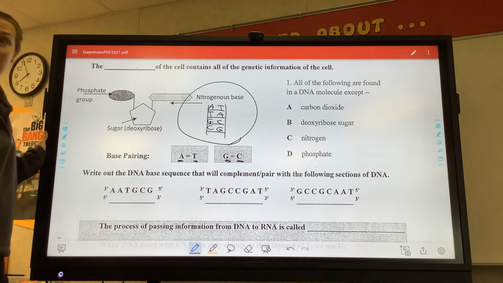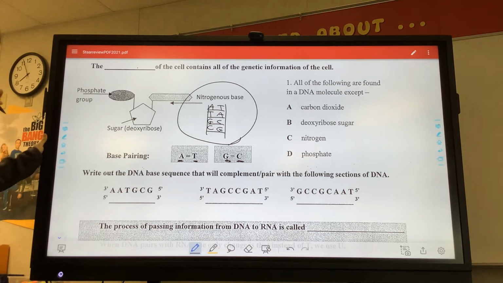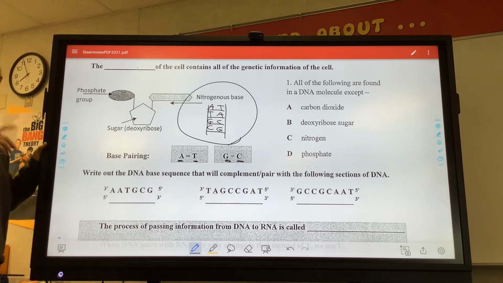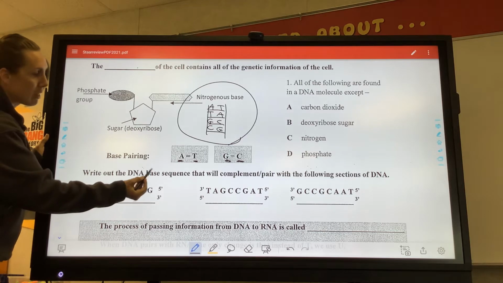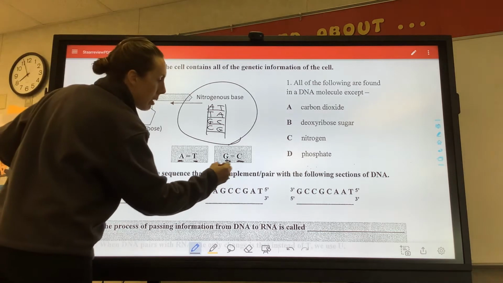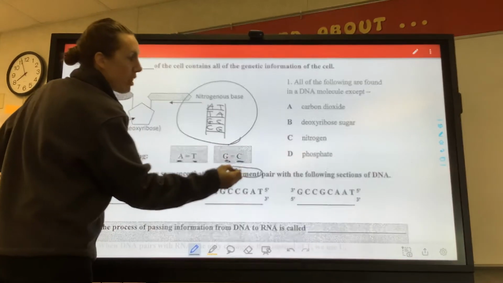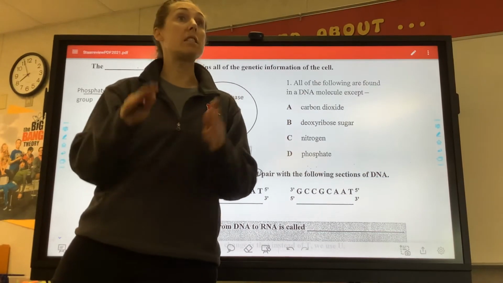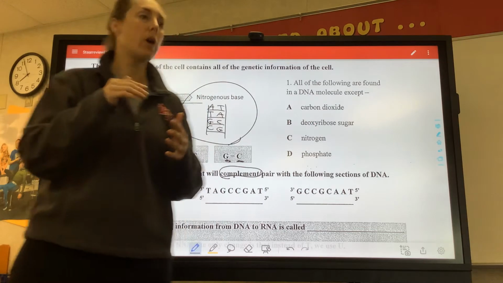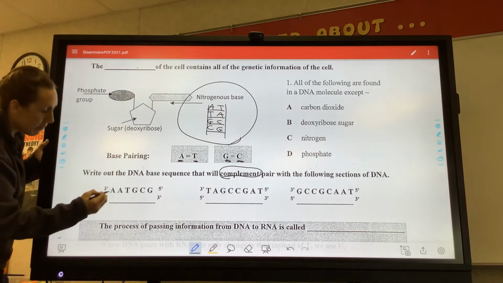That was hard. Okay, so up here, help me finish this. You may do it at your seat or you could do it with me. So it says, write out the DNA base sequence that will be complementary with the following. So guys, complementary means it goes with it. It's not the same, it goes with it. So what goes with the A?